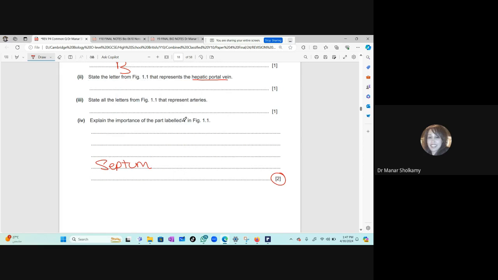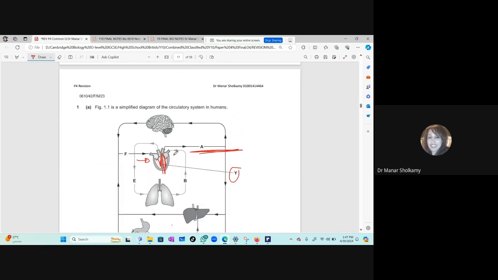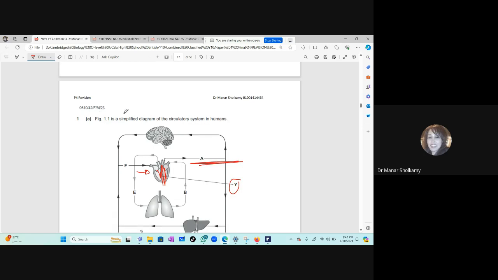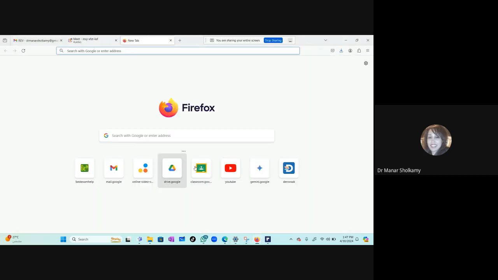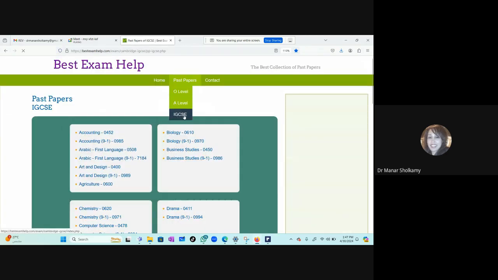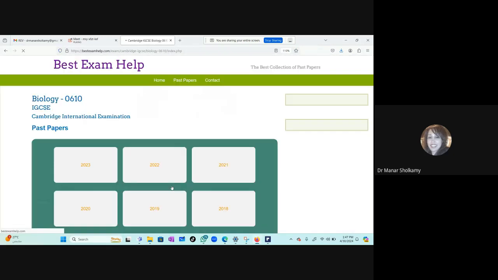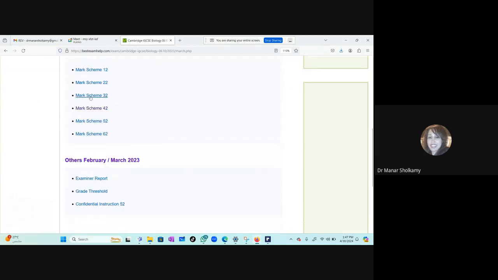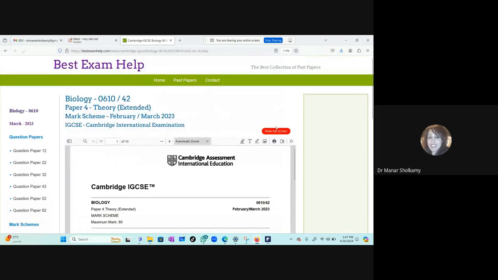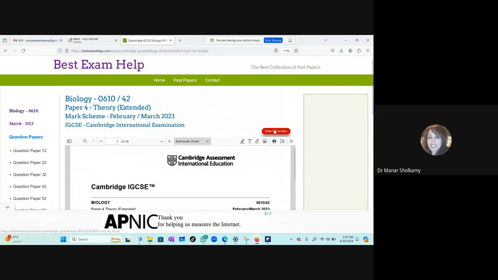Okay, let me see. Explain the importance of the part labeled Y. What is this exam? This is March 23. Let's look. We said March 23. There's only one paper 4. Which question was that? Do you remember?